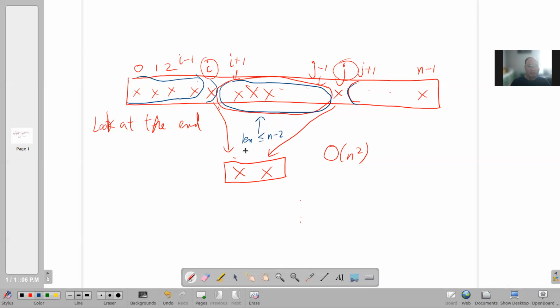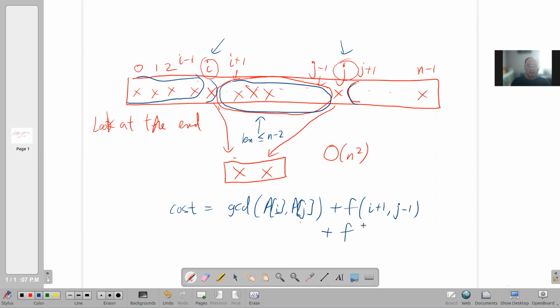Once you decide what i and j are, the last two left, the cost would be the GCD of A_i and A_j, because that's the last step, plus the cost, which I'll just say f, of removing everything from i plus 1 to j minus 1, and the cost of everything from j plus 1 to i minus 1.